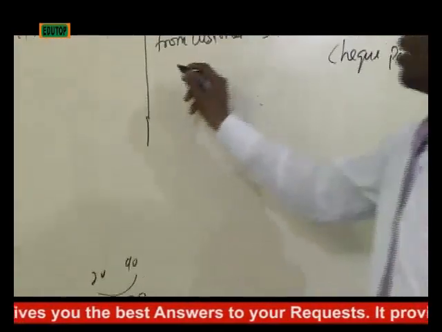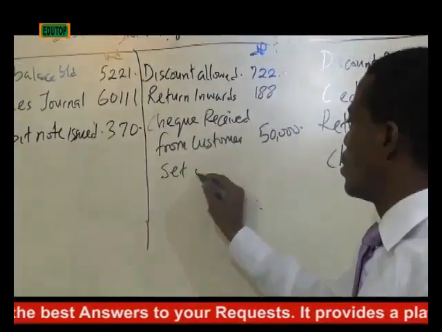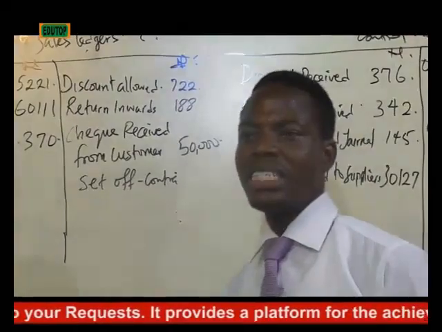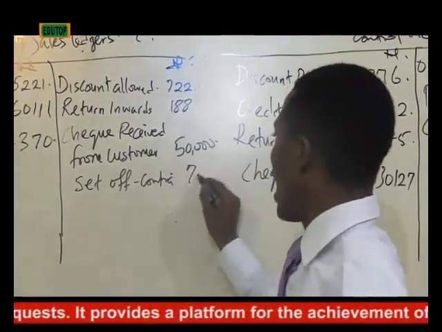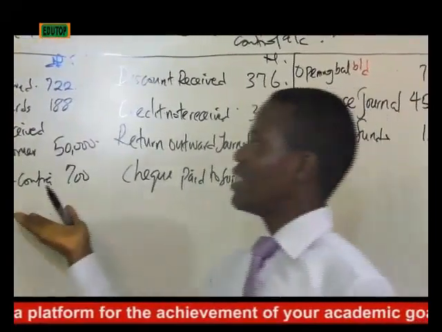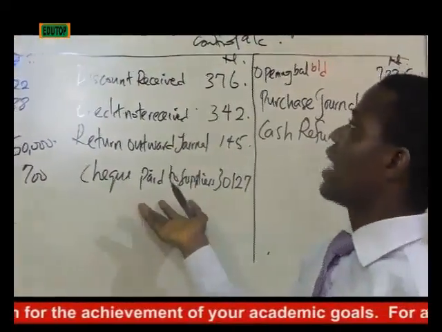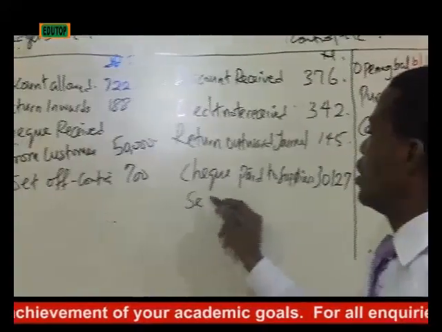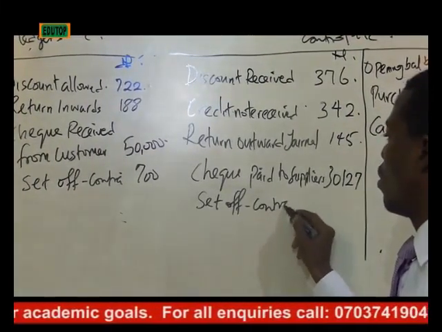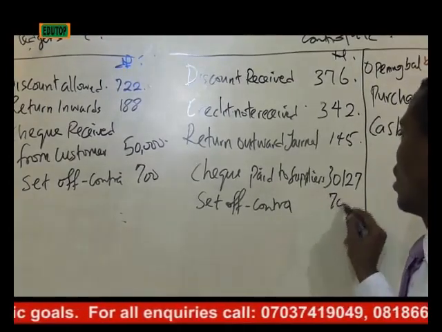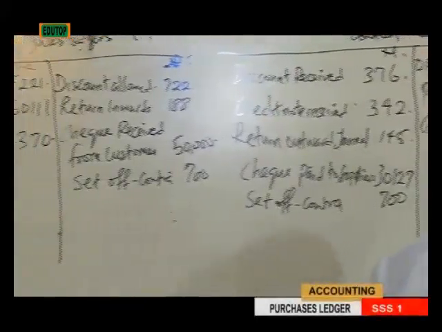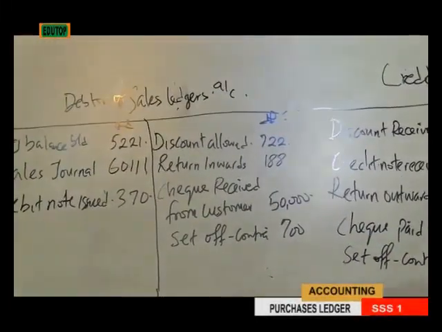So we just write here, set off contract. That is 700. And you know it will affect the two accounts, the credit side and the debit side of the creditor's account. Contract, that is 700.